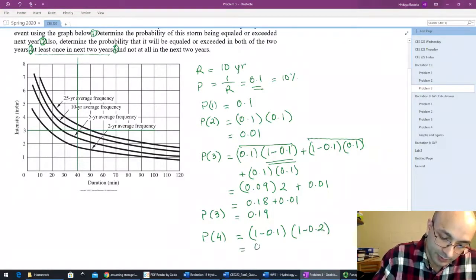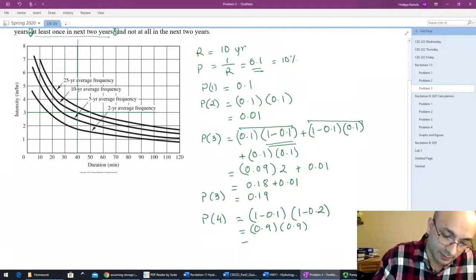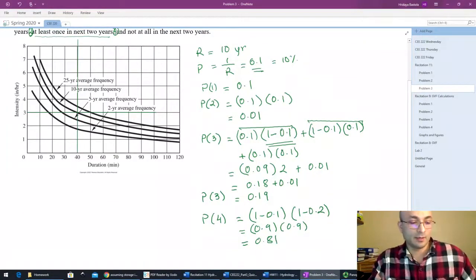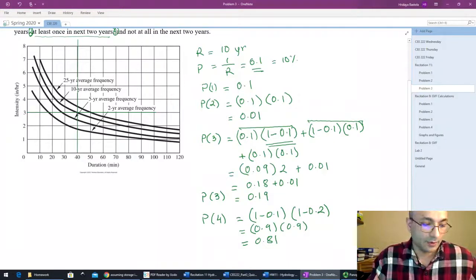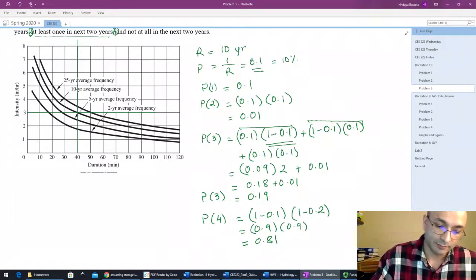So this one here is 0.9 times 0.9, so that gives us a probability of 0.81 or 81% of such a storm not occurring in both of the 2 years.